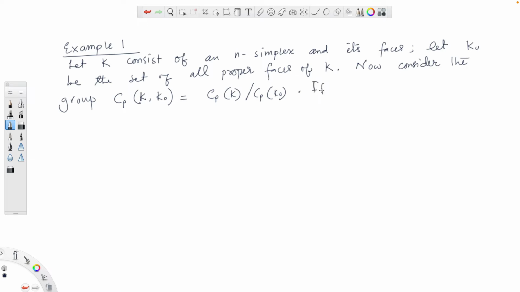Okay, if this p is greater than the dimension of the complex K, then C sub p of K is obviously trivial, meaning that C sub p of K vanishes, right? And since C sub p of K vanishes, this also vanishes, and in other words, this group is trivial.